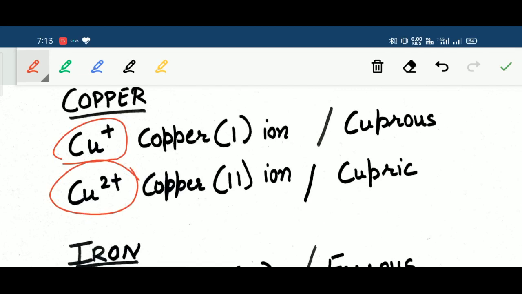So in order to identify the two ions, in case of Cu+1, the name is written as copper, then bracket 1 in Roman numerals. That means Cu+1 is known as copper(I) ion, and it is also known as cuprous ion. Similarly, Cu+2 is written as copper(II) ion, which is also known as cupric ion.